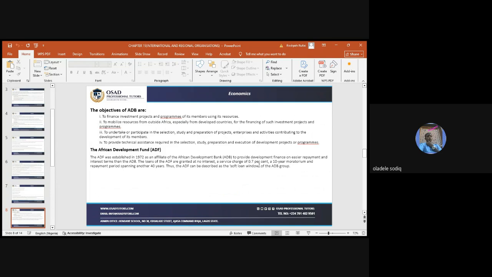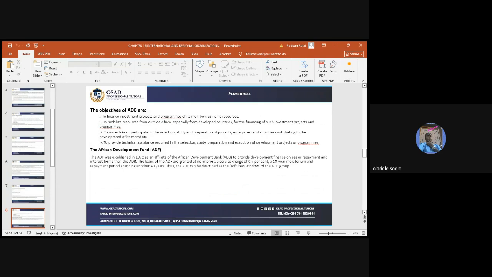Also, to undertake or participate in the selection, study and preparation of project enterprises and activities contributing to the development of its members. All of these are the objectives of ADB.